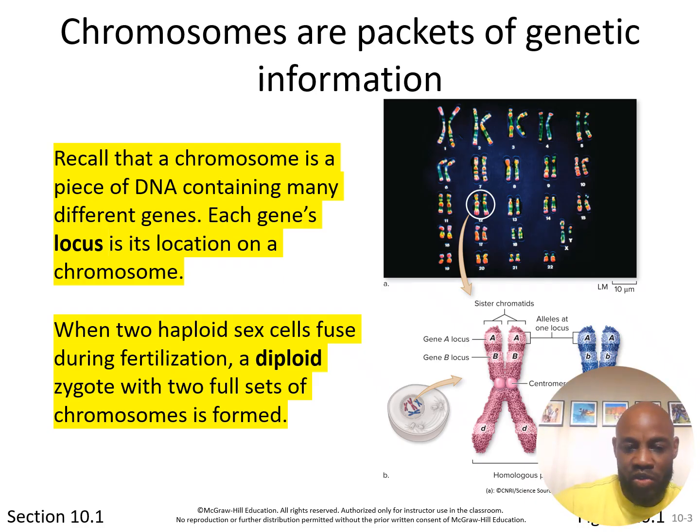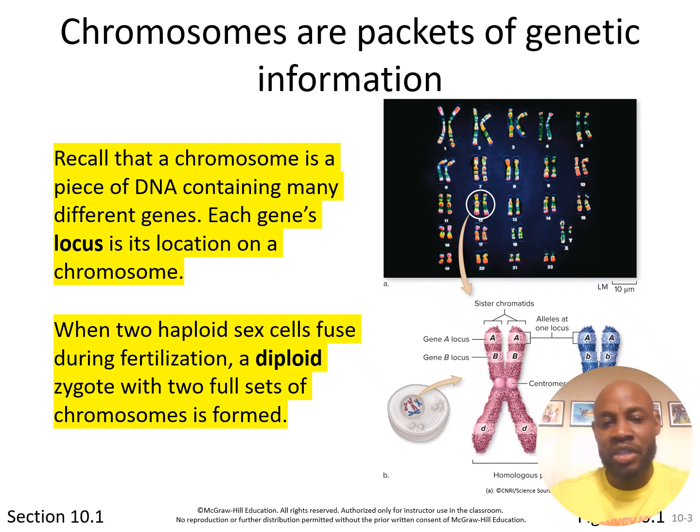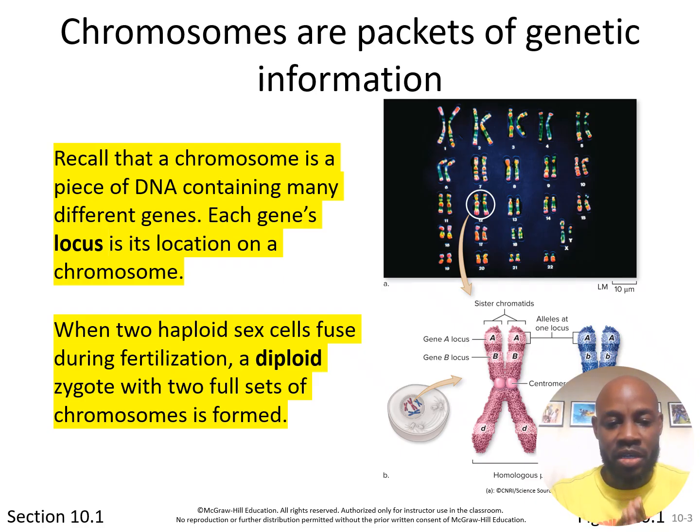Haploid sex cells. Remember, your sex cells are your sperm and your egg. Sperm and egg are haploid, with half the total number of chromosomes. Haploid sex cells fuse during fertilization. The sperm fertilizes the egg, and now you have half the DNA from mom and half the DNA from dad, which comes together to make a diploid zygote.